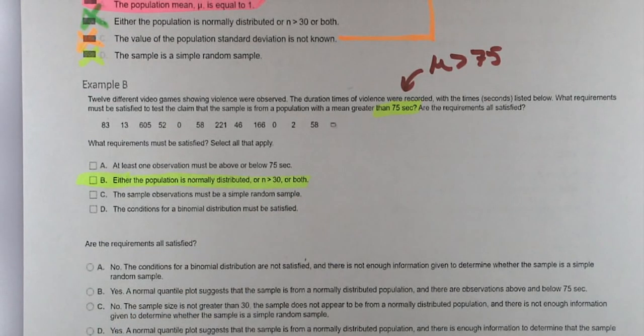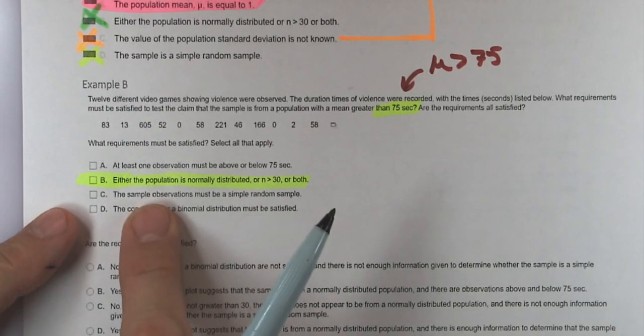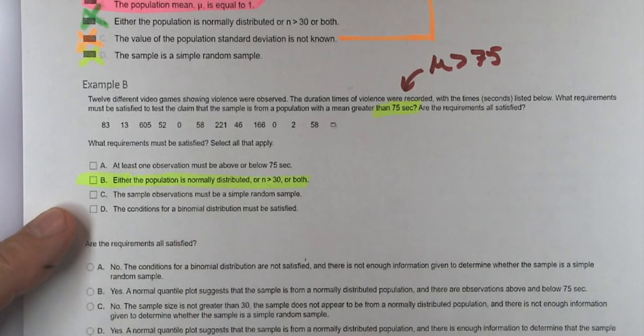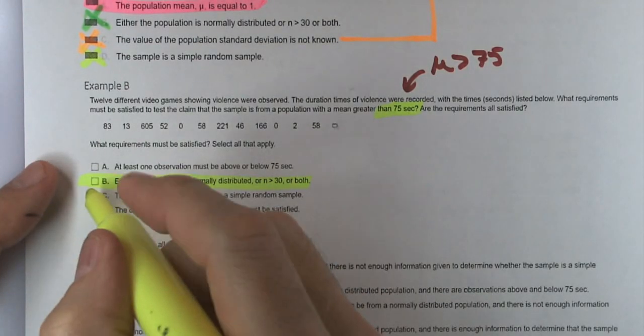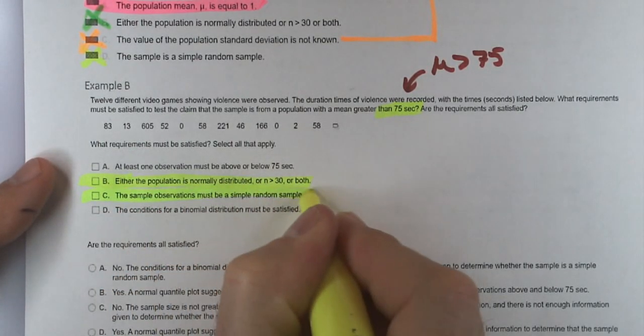Awesome, thank you. Sabrina, how about the next one? The sample observations must be from a simple random sample. Should that be one of our assumptions that we meet? Yeah, absolutely. So we're good on that one. Thank you.